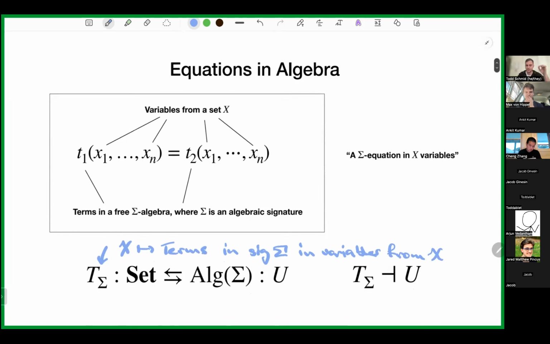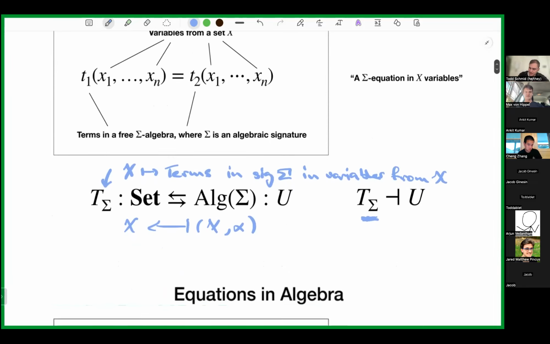And this construction of taking a set of variables and building all of the terms gives us a left adjoint to taking any algebra in that signature, and just forgetting about the algebraic operations and looking at this underlying set. So the abstract way to describe this is that T sigma is a left adjoint to this forgetful functor.